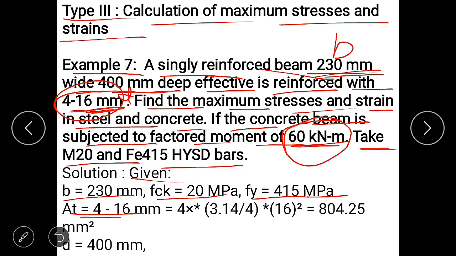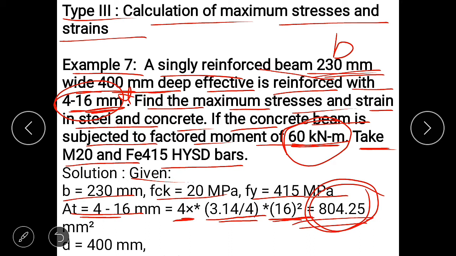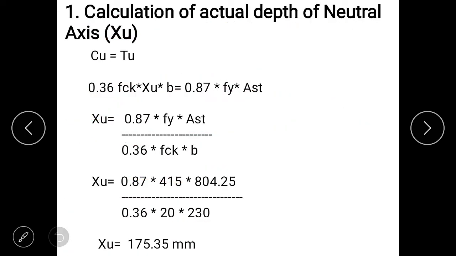So 4 into pi by 4 into d square, 16 square, so the area Ast is 804.25 mm square, and the effective depth is given as 400.